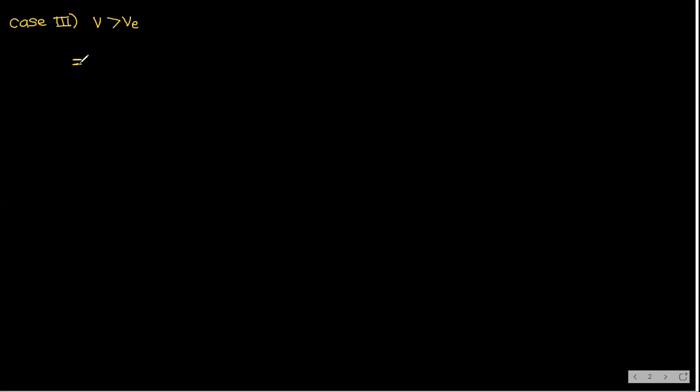Now first point here, what is that? First of all, total energy becomes positive. In the first case, total energy negative. In the second case, total energy 0. In the third case, total energy positive. This is important.